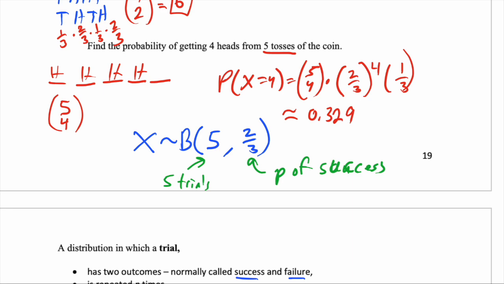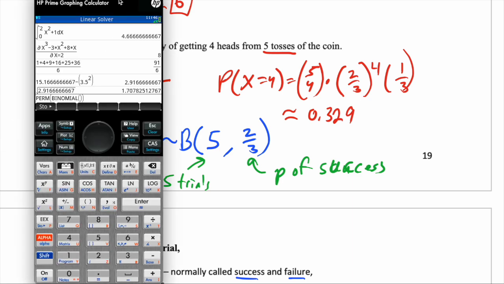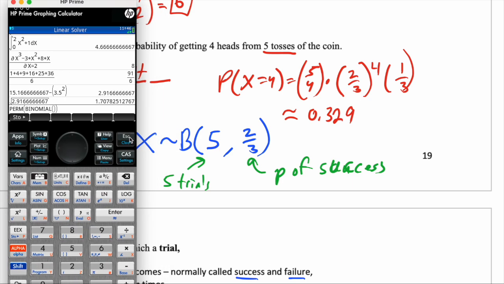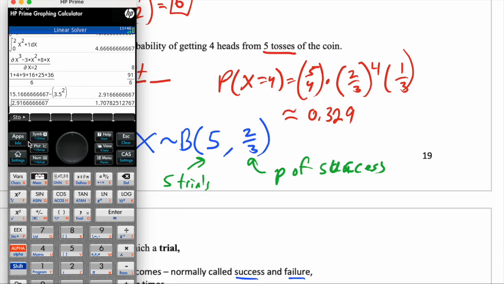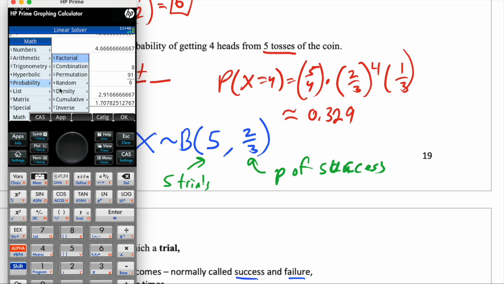We have this function on the calculator. You do not need to know the formula for the IB anymore. So on the HP Prime, you can go to click here, probability, and we click on density.